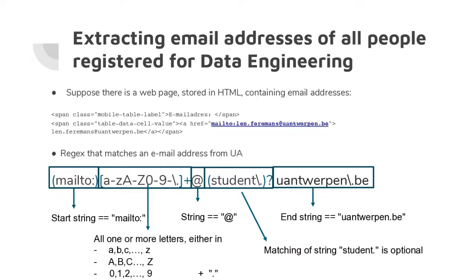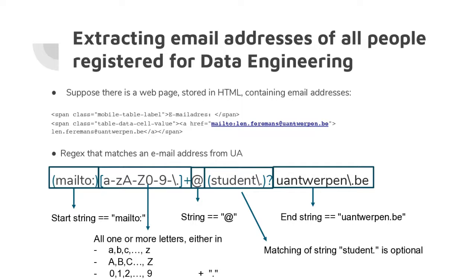Then you match the @ sign. Then the string ends with uantwerpen.be. There's a slash before the dot because dot has a special meaning. That's why there's a slash before that. And then you have these parentheses with a question mark, and then student. That means you should have student followed by a dot, but it's optional.